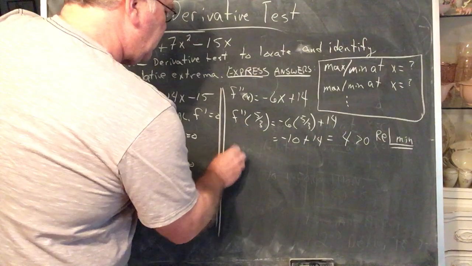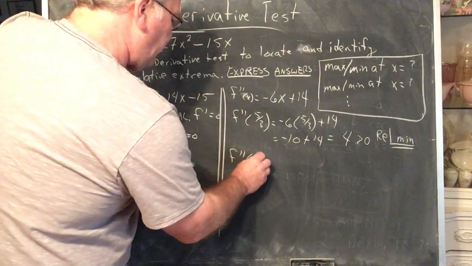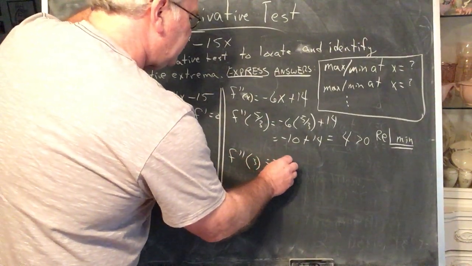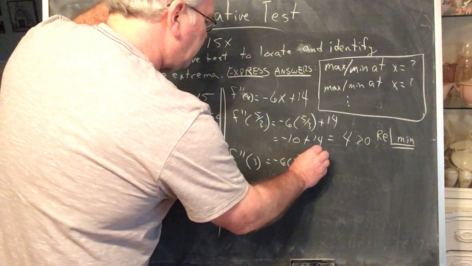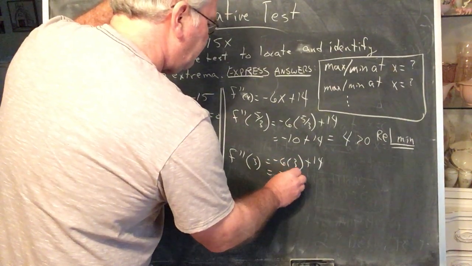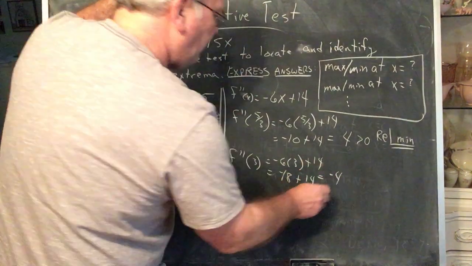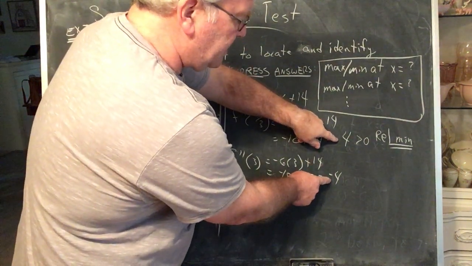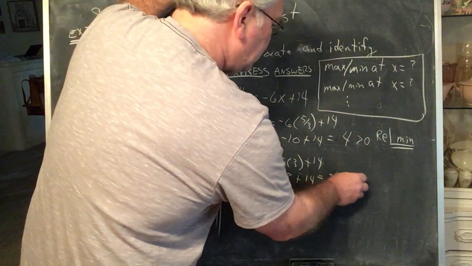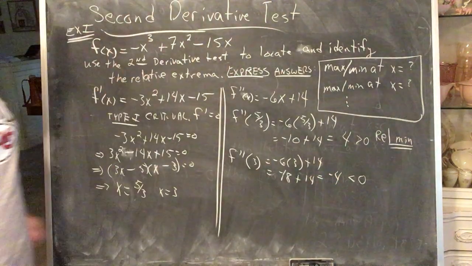All right? The second derivative evaluated at 3 is negative 6 times 3 plus 14, negative 18 plus 14, which is negative 4. This is a coincidence. Don't assume this occurs every time. This is less than 0. Remember, it is opposite.